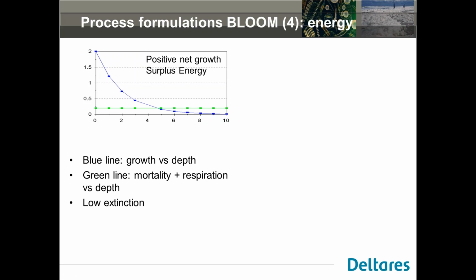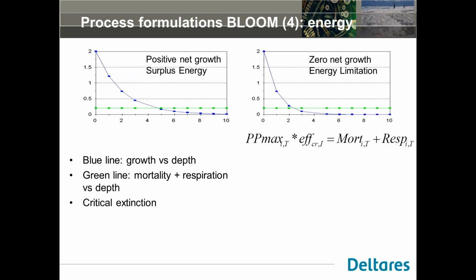Now, as the turbidity increases, so the extinction gets larger, we reach a critical extinction level, which is exactly what we've shown in this relation previously, and so it means that the surface below the blue line is exactly equal to the surface below the green line.